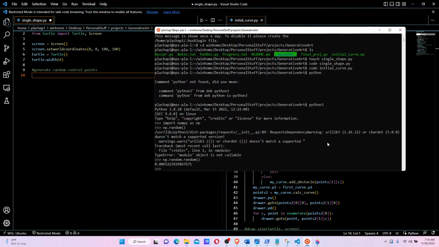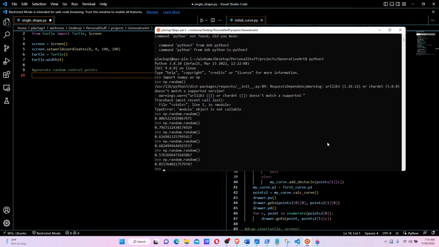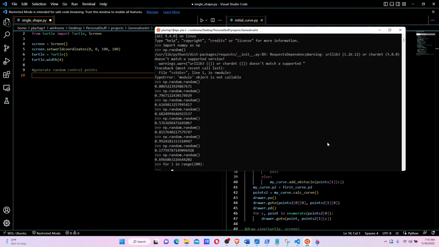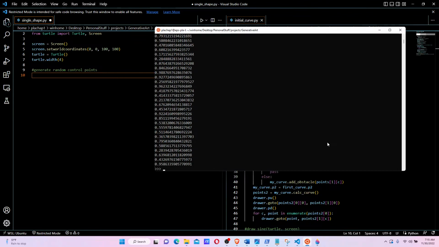I remember randint. So this is random between 0 and 1. For i in range 100, print np.random.random. Yeah, so that just gives a value between 0 and 1. Cool.